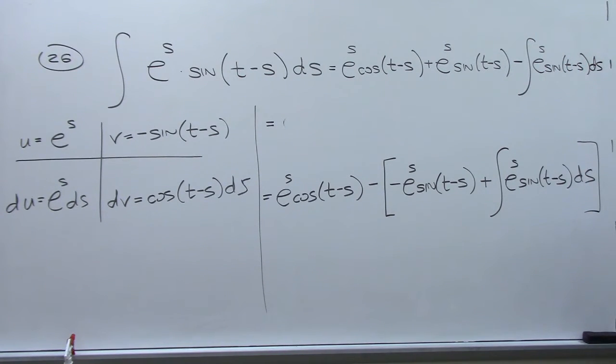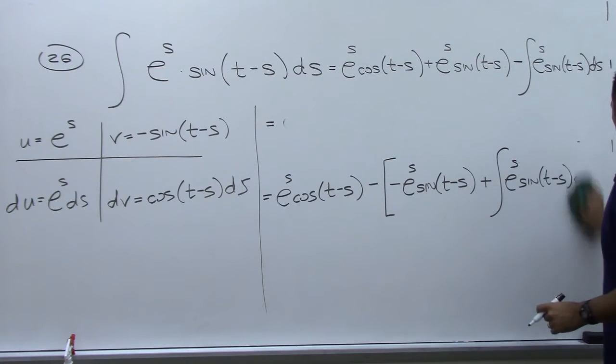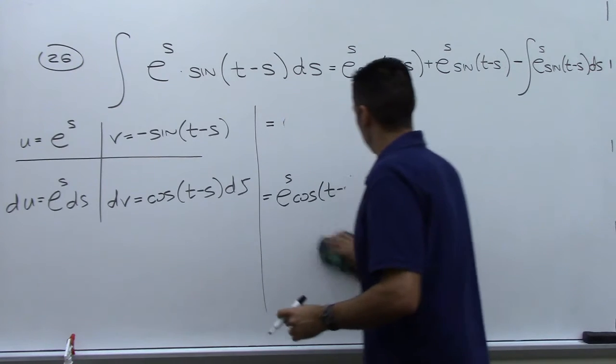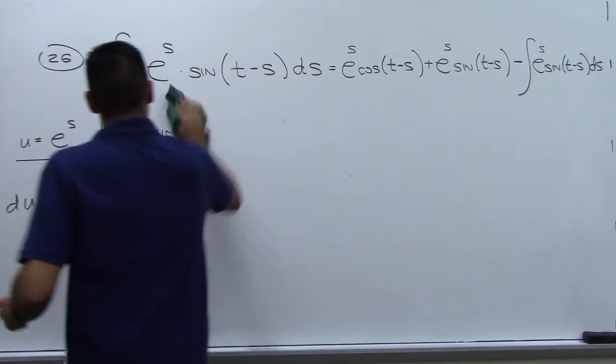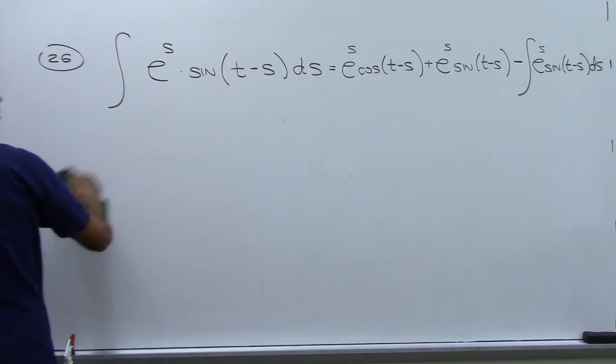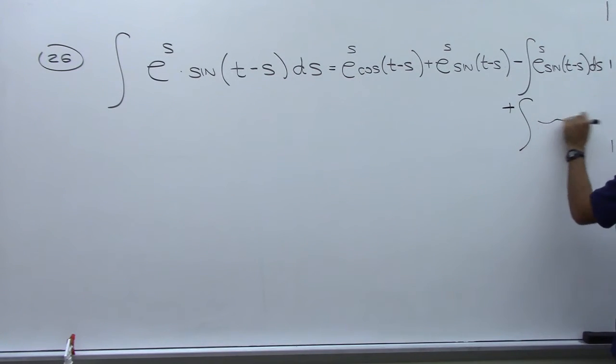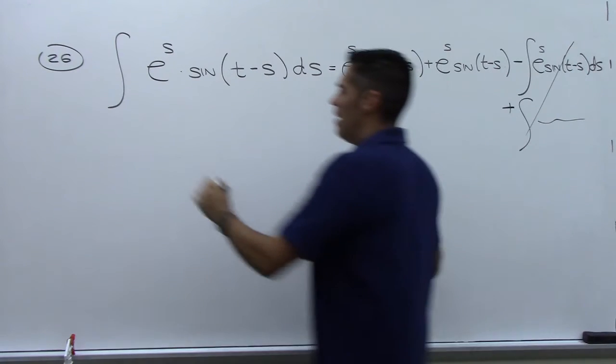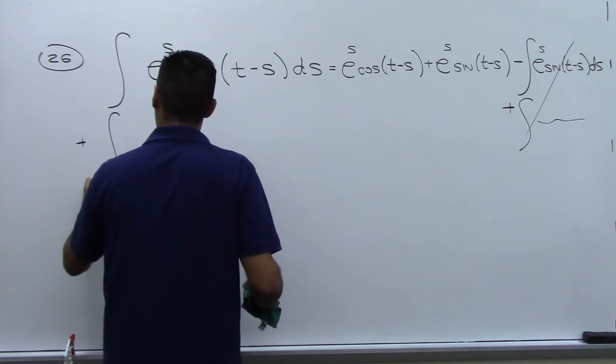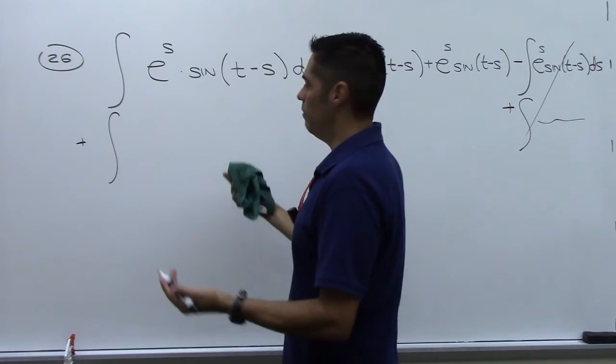And now I'm going to add this integral to both sides because it's the same integral. So I add it to both sides. When I add this integral, whatever, goes away. When I add that integral over here, I get two of them, right?